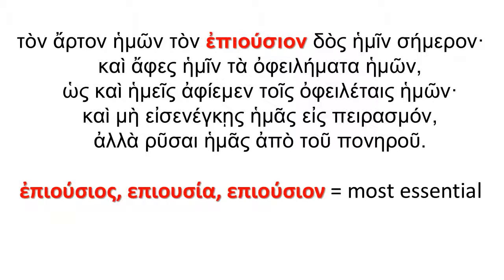So, to simply call it daily bread, or daily, is a very simplistic way of doing that. So ἐπιούσιος means super essential, if you will, on top of our more than essential food.